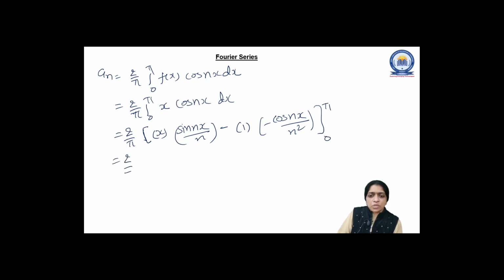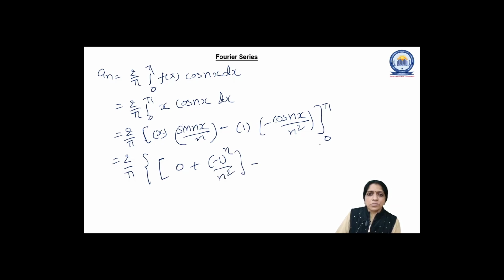So after substituting the upper limit and lower limit, here sin n pi is 0. So after substituting the upper limit, my first term is 0. This is minus minus plus. After substituting pi into the second term, that is cos n pi, and the value of cos n pi is minus 1 raised to n upon n square.